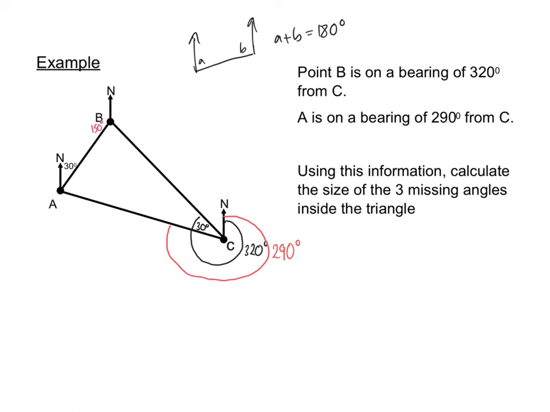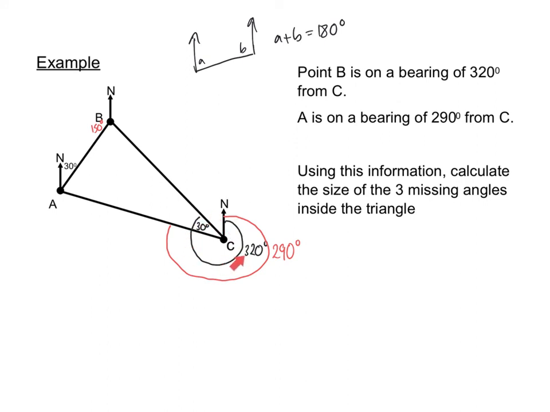And then over to this side, I'm thinking, well, if I want to find this angle in here, it would be useful to know this one. This one is a co-interior angle. It matches up with this one. These two should add to 180 degrees. So I need to find this angle here. Now, we already know the bearing around on this black line here is 320 degrees, and we know a full turn all the way back around to the north line is 360.